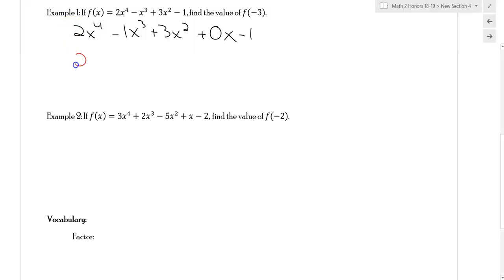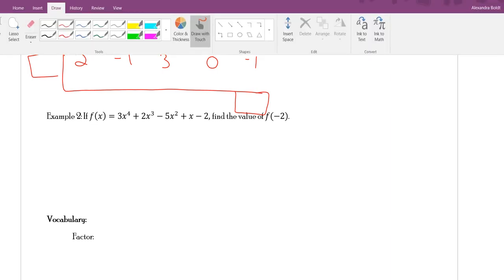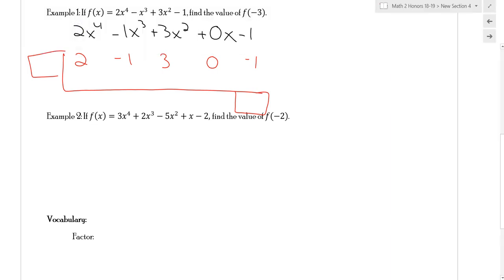So bringing all of those down, and we're looking for our remainder. The one thing with this is it isn't x minus whatever. This is already what x equals. So we're taking out that one step where we set it equal to 0 and then found what x equals. It is equal to -3.